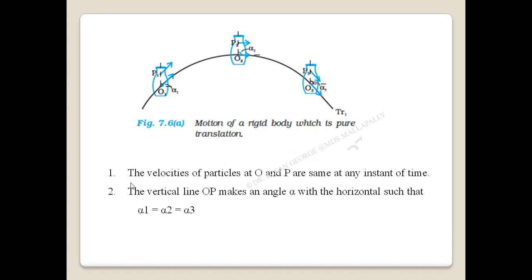So in conclusion, the velocities of particles at O and P are the same at any instant of time. The second conclusion, the line OP makes an angle alpha with the horizontal such that alpha 1 equals alpha 2 equals alpha 3. So these are the features of pure translational motion.